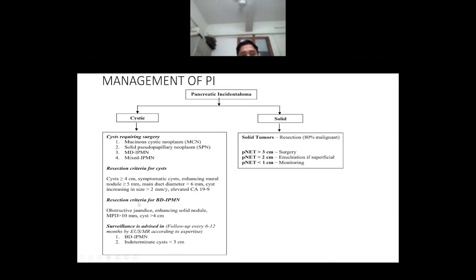And resection criteria for branched duct intraductal papillary mucinous neoplasm are patient having obstructive jaundice, enhanced solid nodule, main pancreatic duct more than 10 mm, or cyst size more than 4 cm. Surveillance is advised in branched duct intraductal papillary mucinous neoplasm and in indeterminate cyst less than 2 to 3 cm.